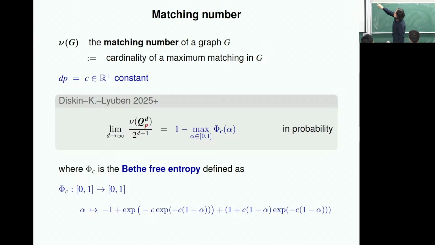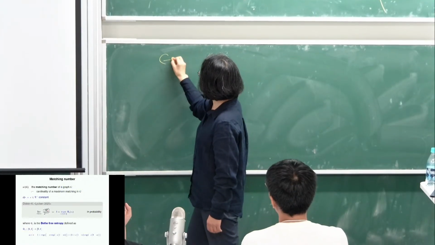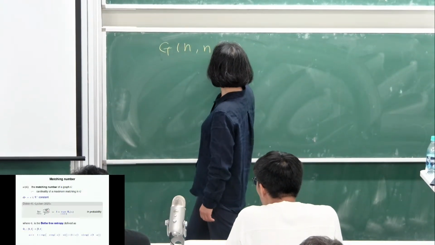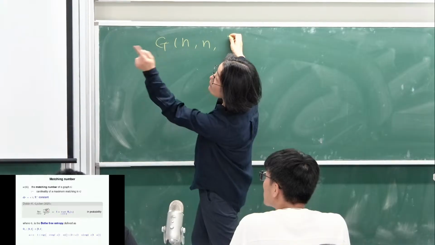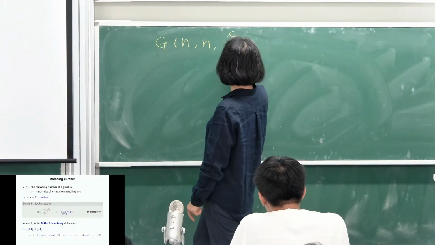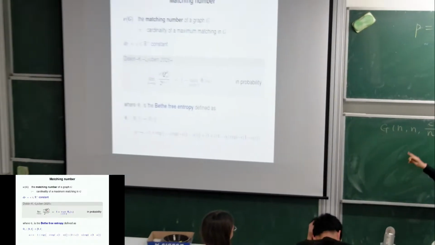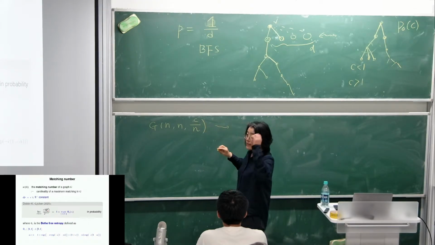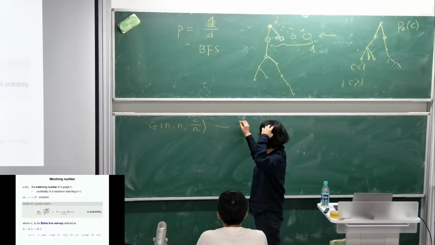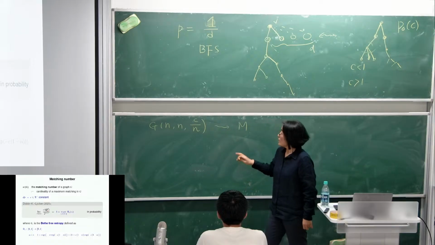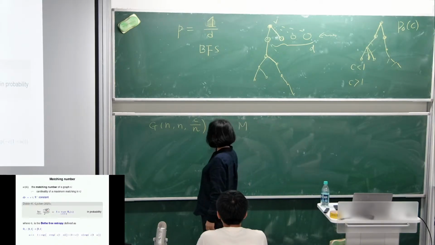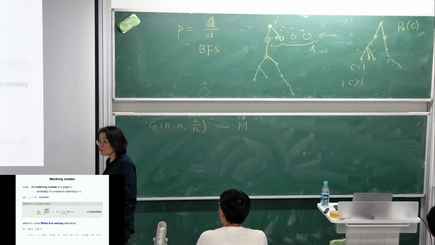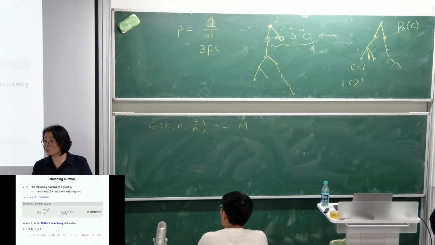To make it comparable, let's talk about the G(n,p) case, but in order to have a comparable thing, p equals c over n. It is the comparable model: a random graph with average degree c. When you look at the bi-adjacency matrix, you can model it as a binary 0, 1 matrix whose entry becomes 1 with probability p.